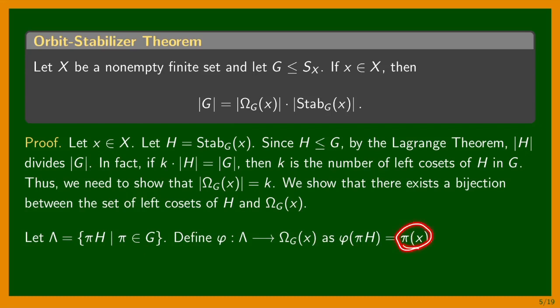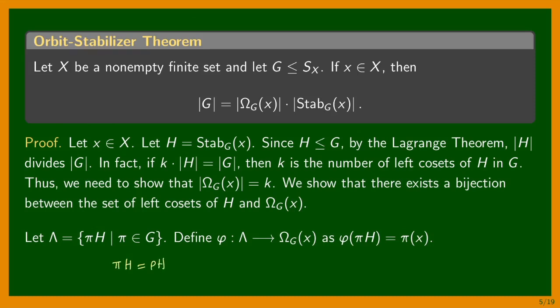Pag in-apply ko siya sa x, corresponding din, nandun ka sa G orbit ng x. Now, meron tayong a little problem in this definition. Kasi remember that two cosets can be equal kahit na magkaiba sila ng representative. And the definition of it depends on which element represents the coset. Paano kung halimbawa kasi, let's say I have pi H, pare siya kunwari sa, let's say, rho H.